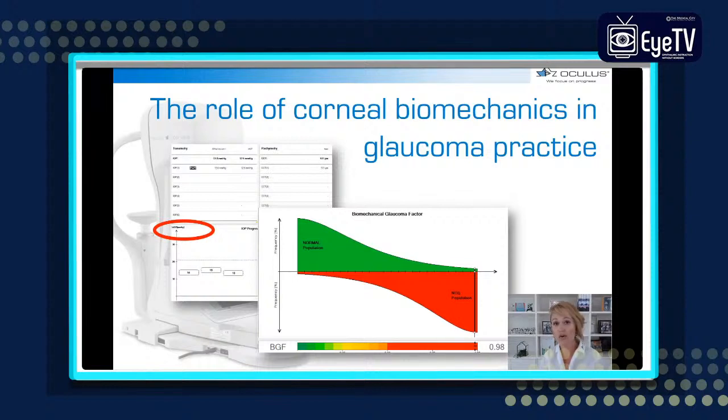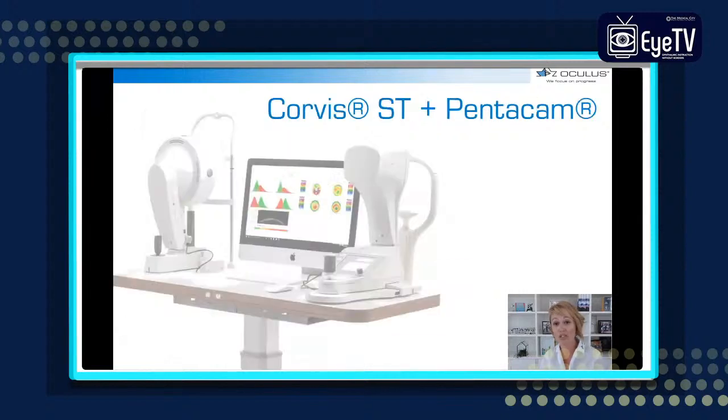The device records an IOP and it then calculates the biomechanical corrected IOP, which is independent of both corneal thickness and corneal biomechanics. A new feature is the BGF, a biomechanical glaucoma risk factor, which aids in the screening of normal tension glaucoma. The last topic of the day is the combination of the Corvis and the Pentacam.